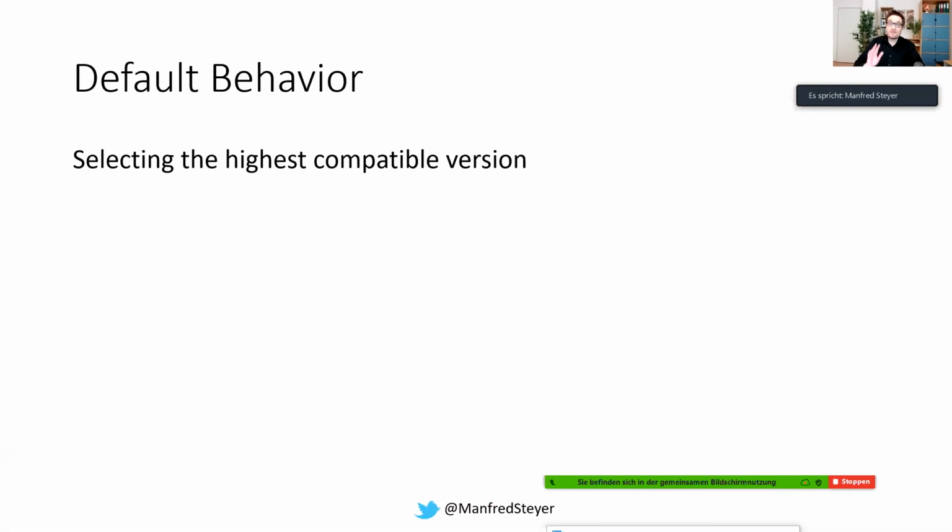By default now, it has a very smart strategy implemented and activated. By default, it just selects the highest compatible version. So let's say that we have the shell and the microfrontend. The shell needs version 10 of something. The microfrontend needs version 10.1 of something. In this case, obviously, according to semantic versioning, 10.1 is the highest compatible version.